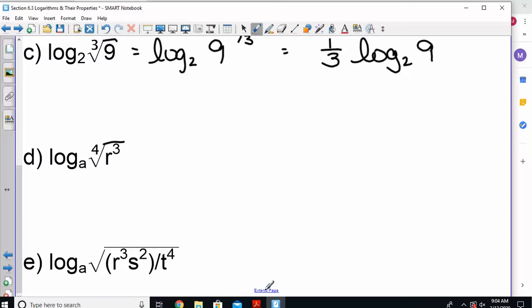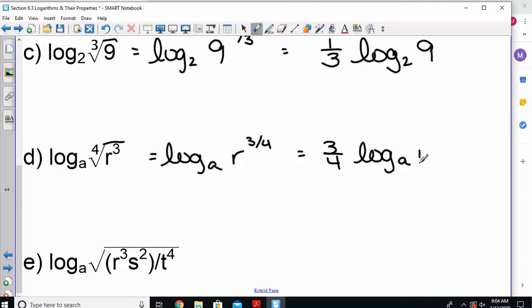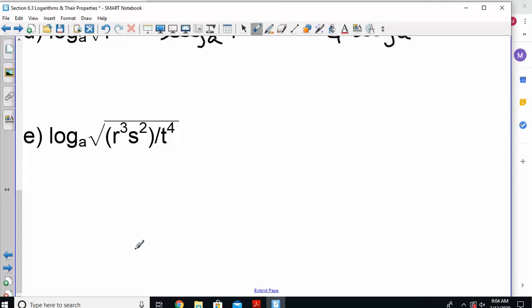If I said log base A of the 4th root of r cubed, log base A. E. Okay, so I threw a little more into this one.